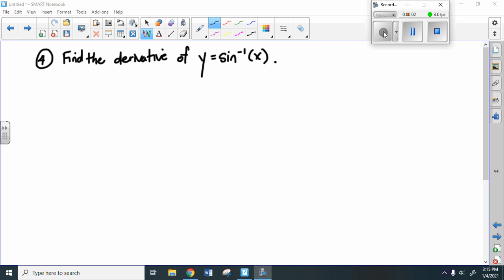All right, so we're picking up with question 4 here, where I want you to find the derivative of sine inverse of x. And then, of course, we're going to extend that to the other inverse trig functions as well.